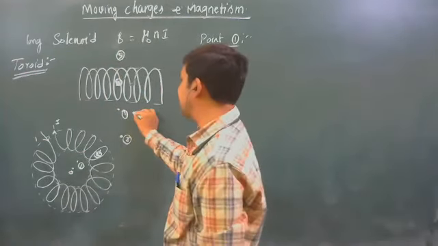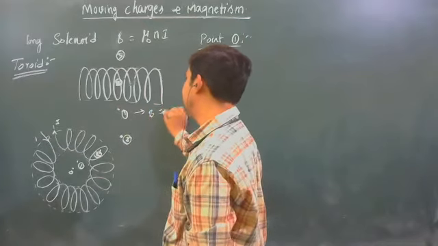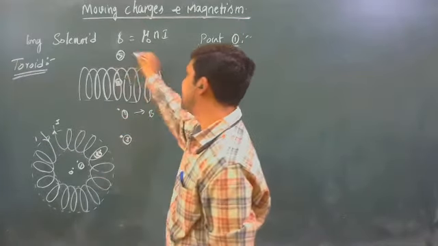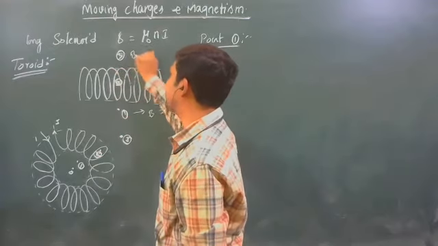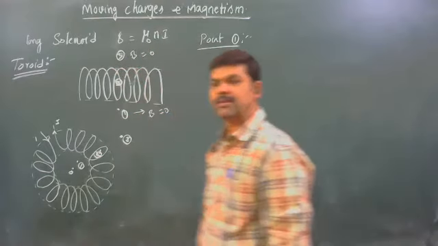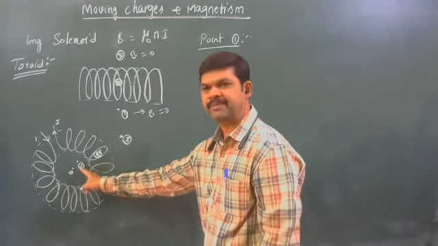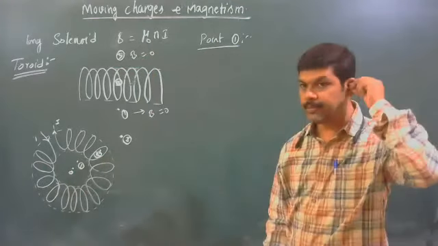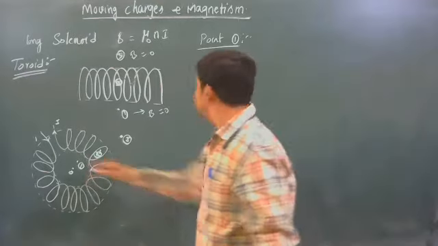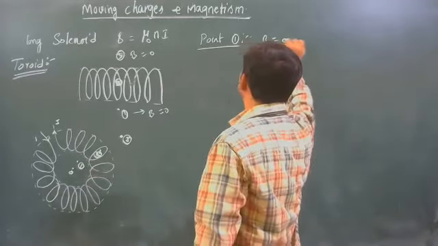So at this point, what is the field? 0. At this point, what is the field? 0. So now tell me from this, what is the field at this point? B is 0.